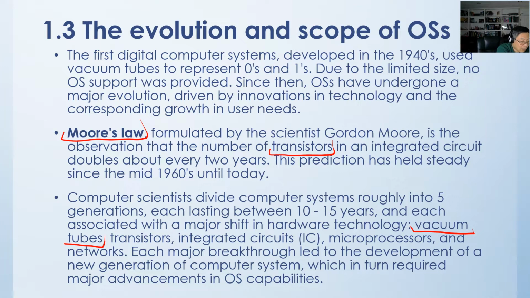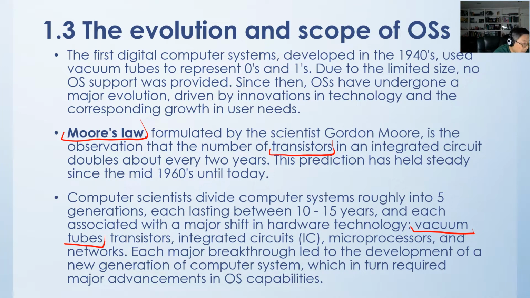It is a kind of device like a light bulb. When you turn on the vacuum tube, it's just like a light bulb. It creates light, and there are wires inside with a glass cover, and it generates a lot of heat. The first computer systems used a couple of thousand vacuum tubes, so they took up a whole office space.